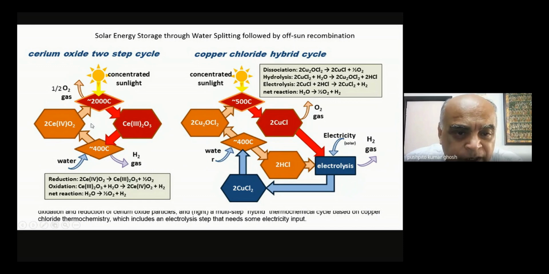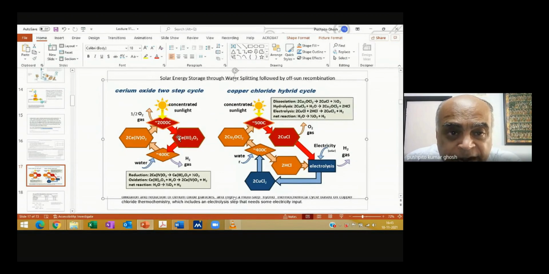I got H2 and half O2. That's what happened. And now, as I said, except for the fact that this particular reaction requires 2000 degrees centigrade temperature, it's a beautiful scheme. Conceptually, it's a great scheme.